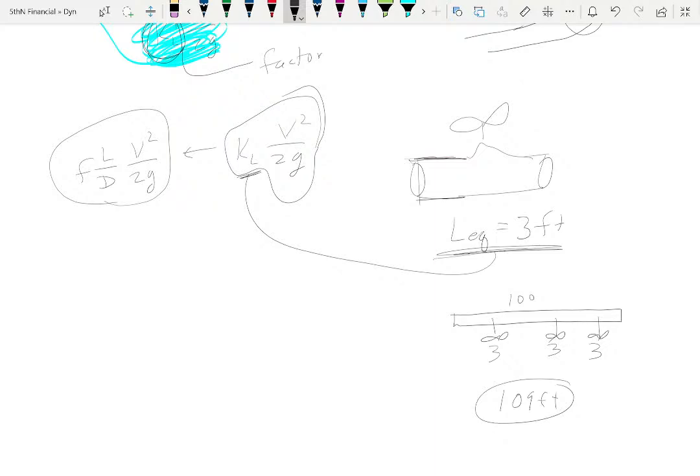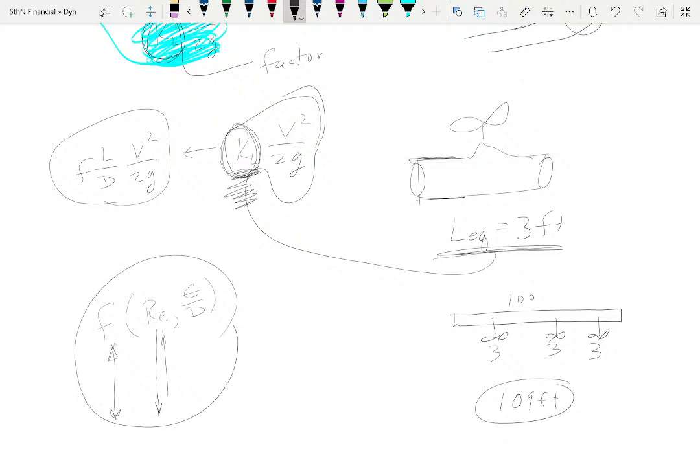There's only one slight difference. If you really think about it, the equivalent length is going to be constant no matter what. The friction factor actually is a function of the Reynolds number and the e over D. So as you change this Reynolds number down or up, you're going to change this. But you never change that. And to me, that makes more sense.